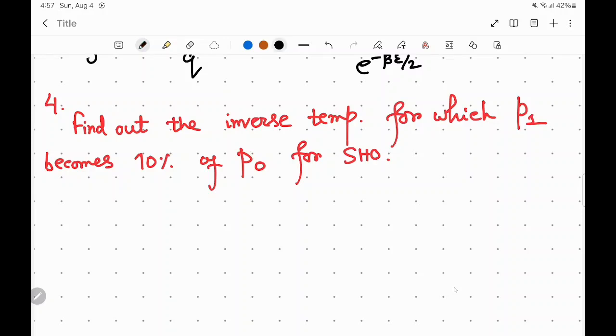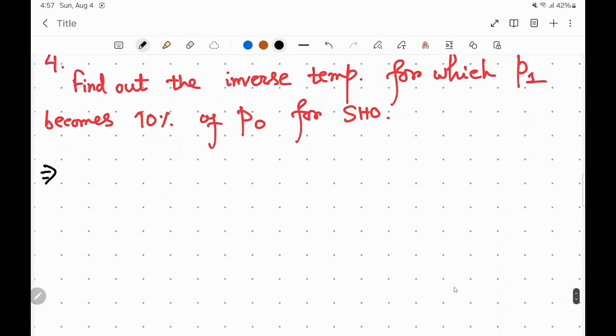So what is the inverse temperature? You can try it. It is a very easy question. P1 means the population of the first state. Not probability, population.